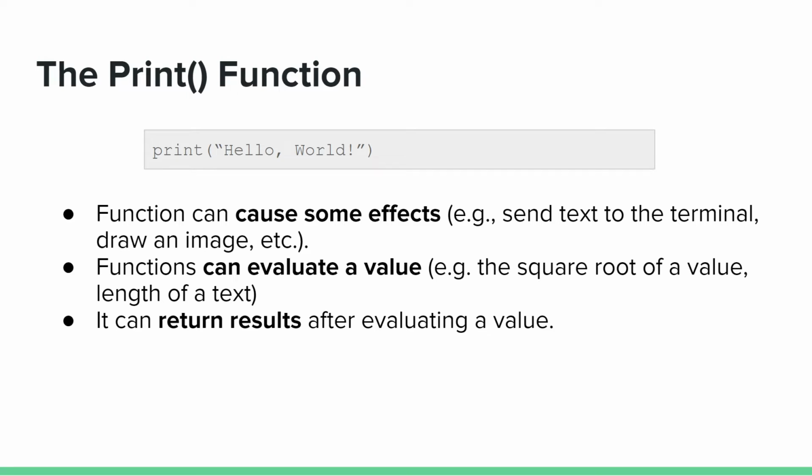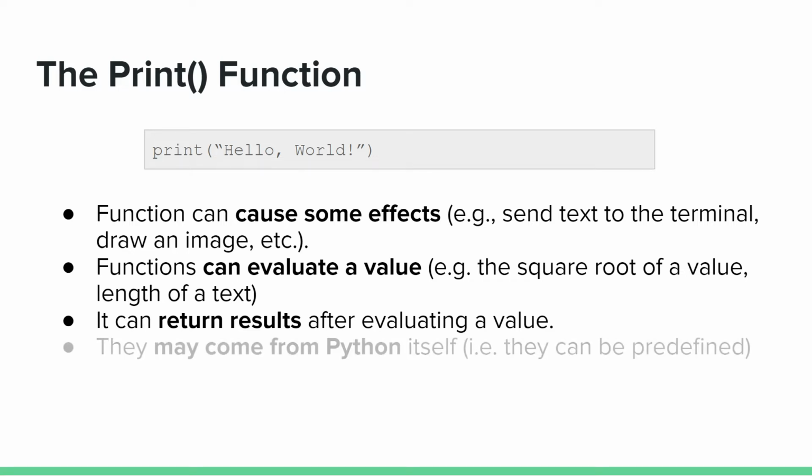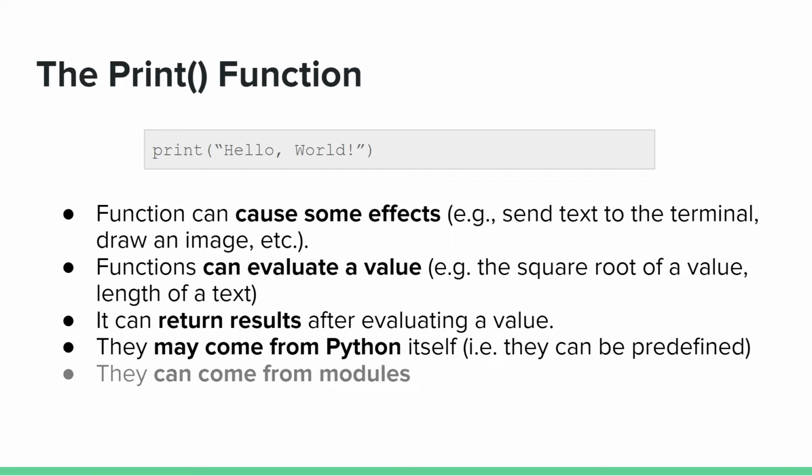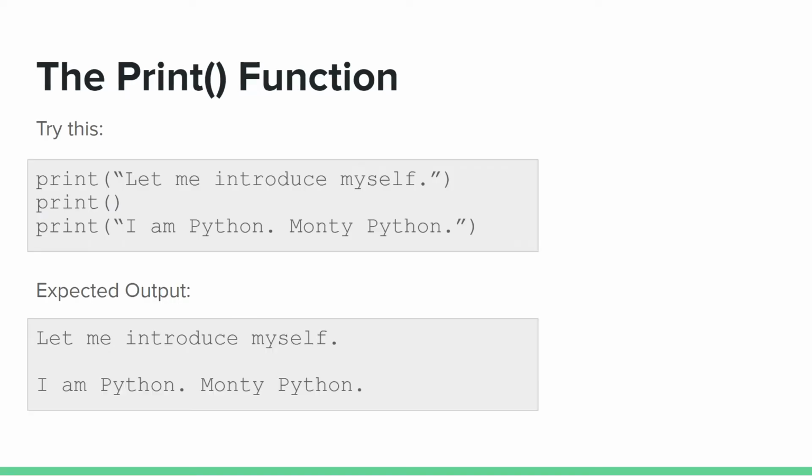For instance, after getting the square root of 4, we are expected to return the value 2. A function may come from Python, meaning that it can be predefined, or it can come from modules, meaning that somebody else has written these functions for you, for you to just call that function and use it. Or you can also write the functions by yourself.